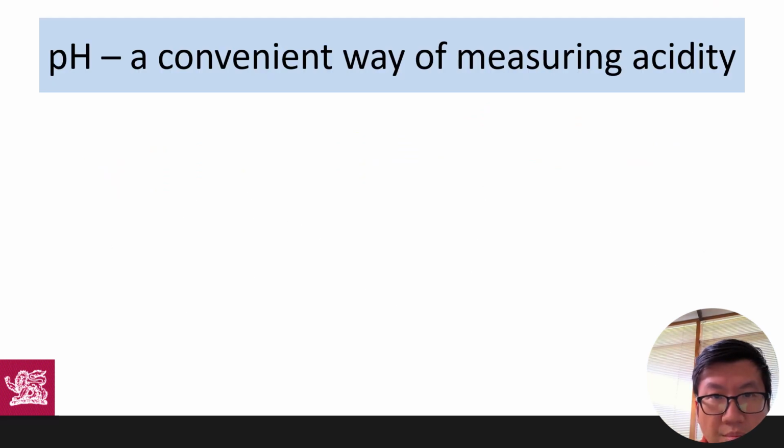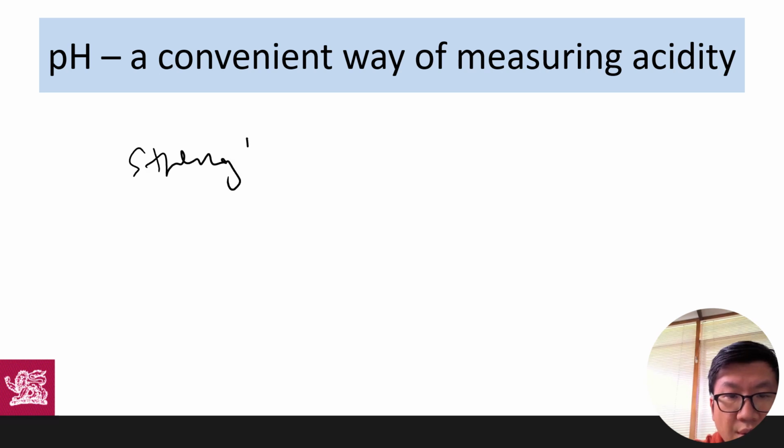So going back to CR7.1, where we were talking about strength versus concentration of an acid.